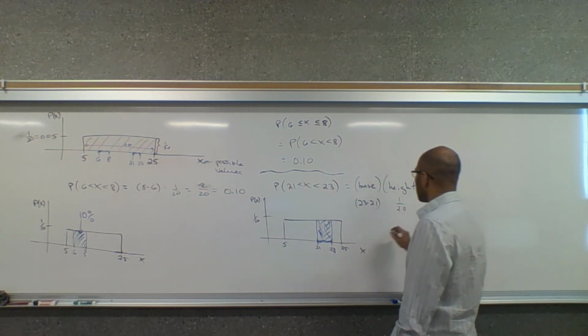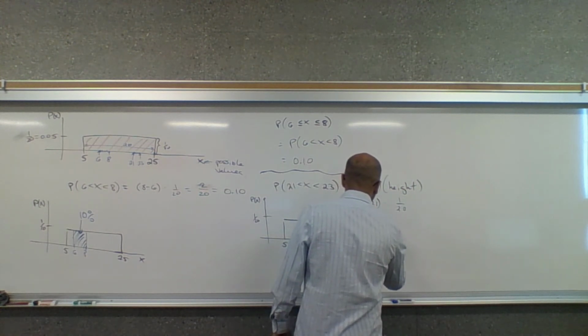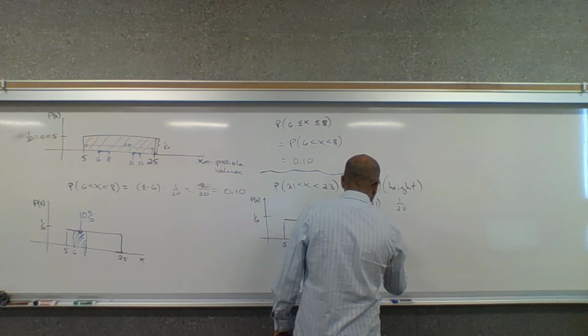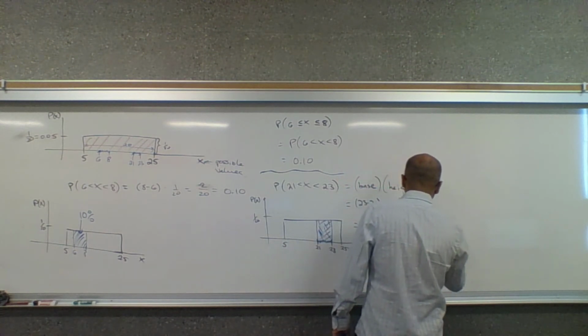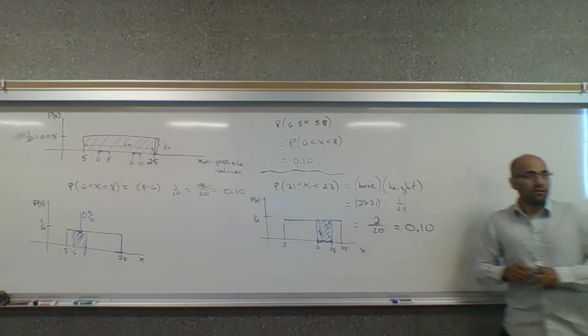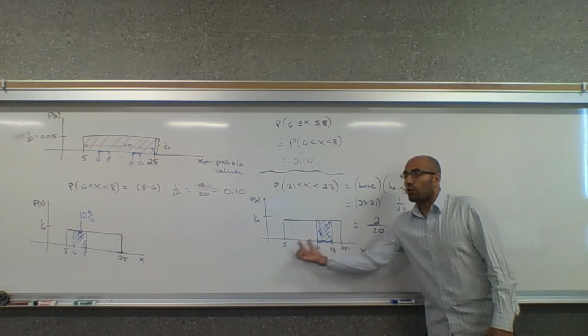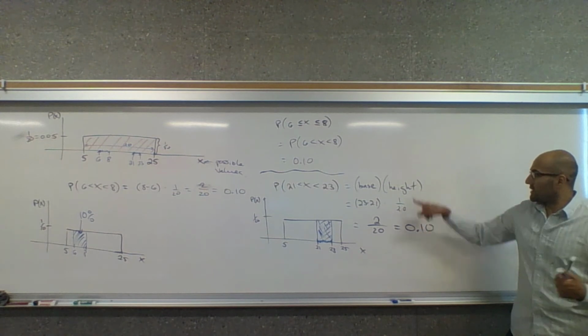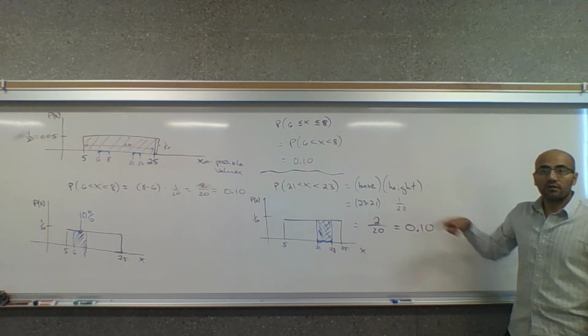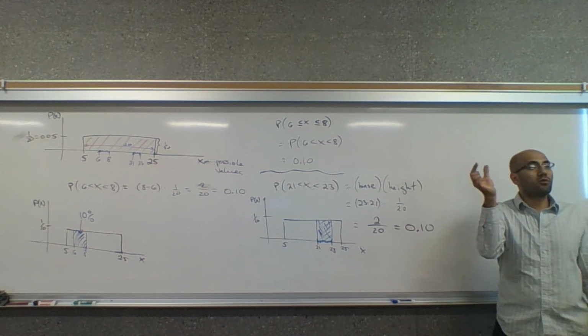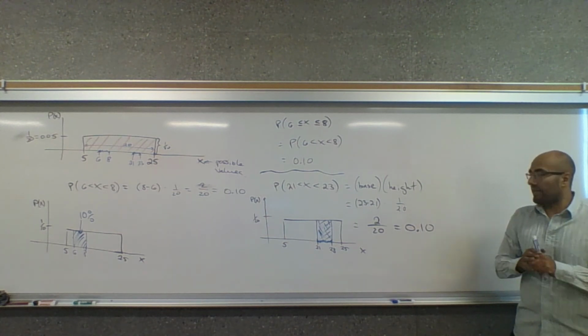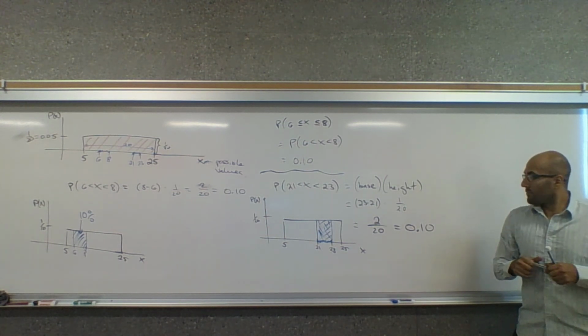And so in this case, it's again equal to 2 over 20, which is equal to 0.10. So again, anytime we have a width of 2, we're going to get an answer of 10%, since this thing is always 1 over 20. So any two intervals that have the same width are going to have the same probability. Good. Any questions?